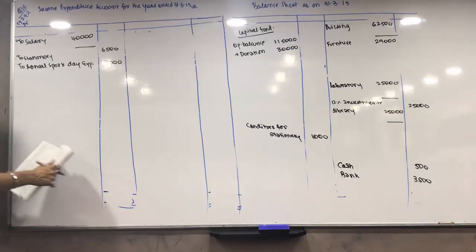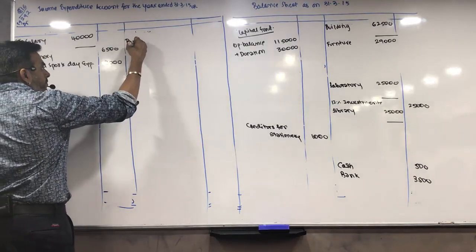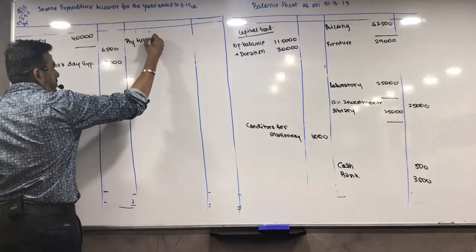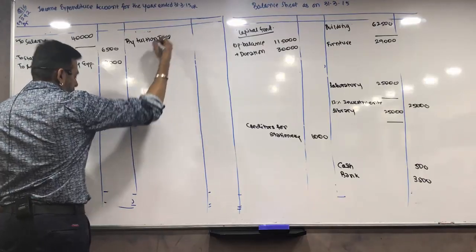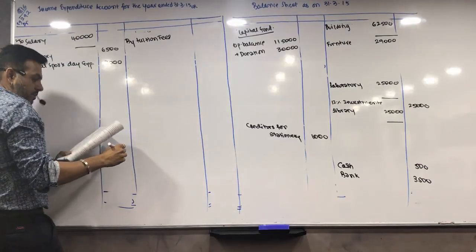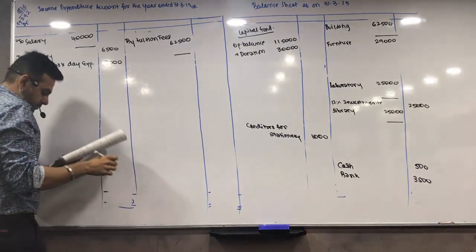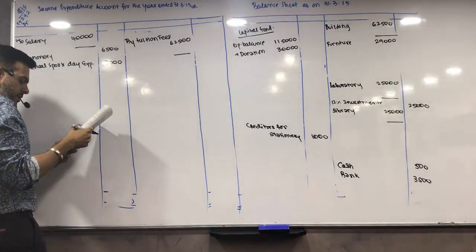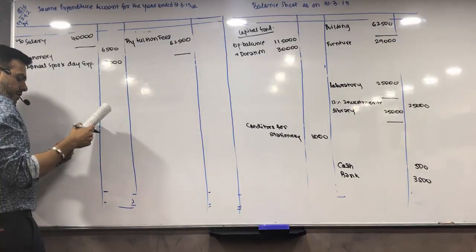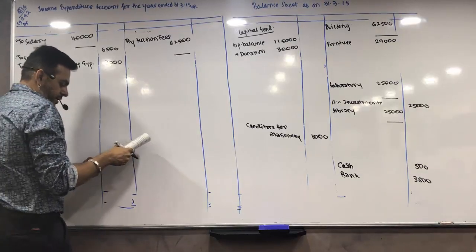Tuition fees income 62,500 inner column. Entrance fee inner column 750.